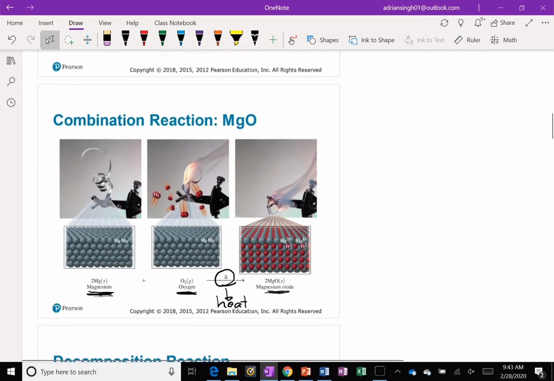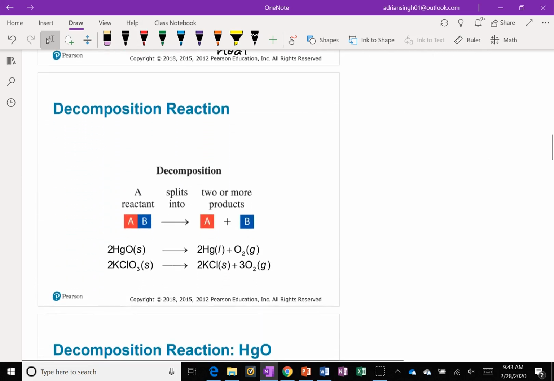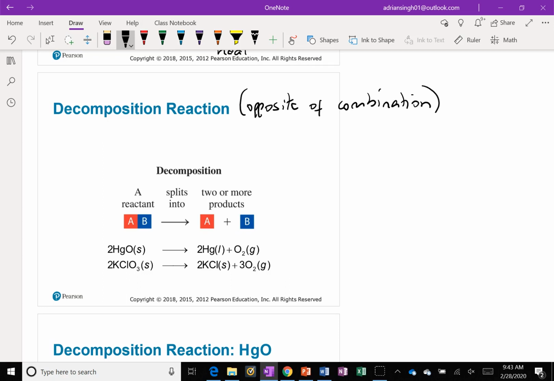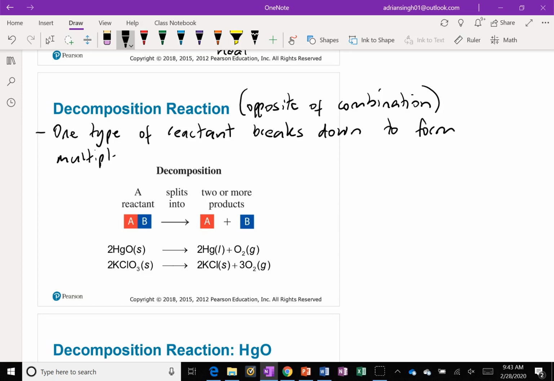The second type of reaction you can think of as being the opposite of synthesis or combination, and that's decomposition. So in this case, we're going to start off with one type of reactant breaking down or decomposes to form multiple, meaning more than one, types of products.